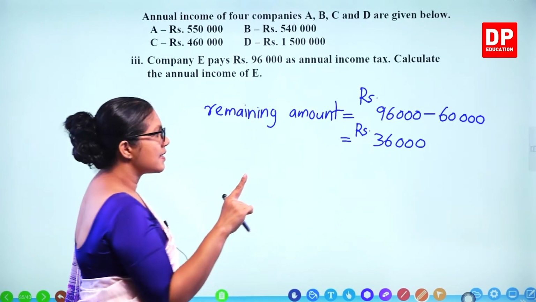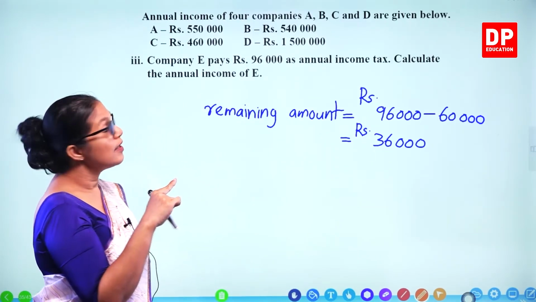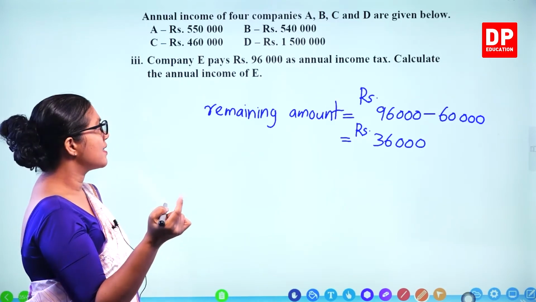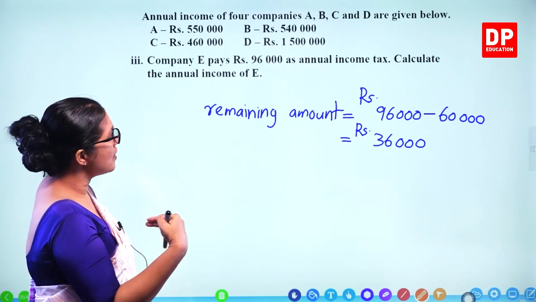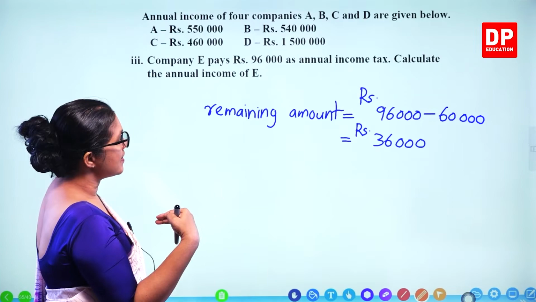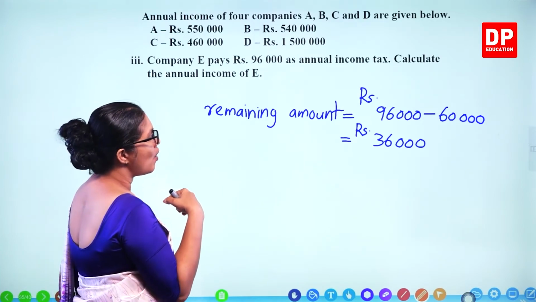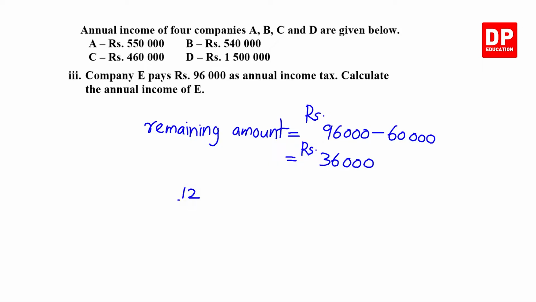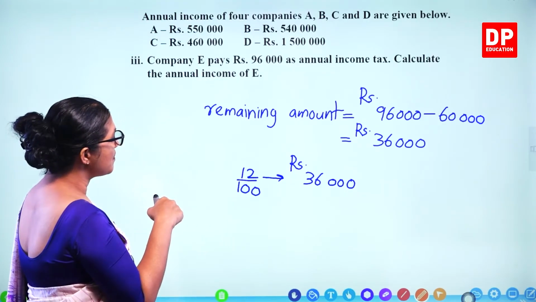So that's 12% tax. So next 500,000, 12% tax. So 12% value is 36,000 rupees. So what's the income from this part?